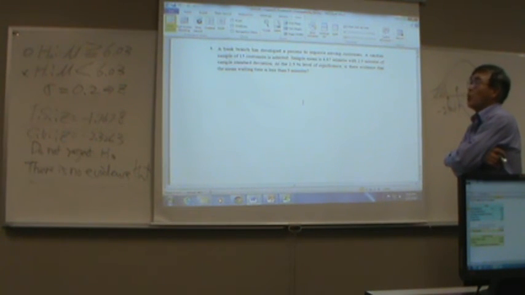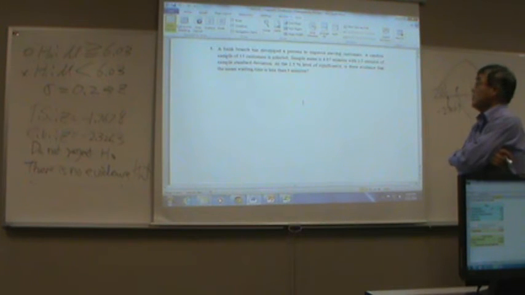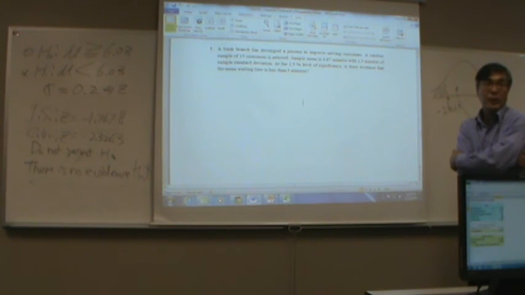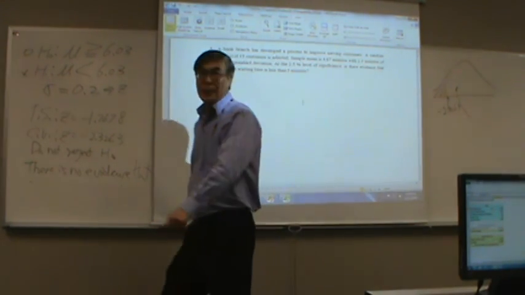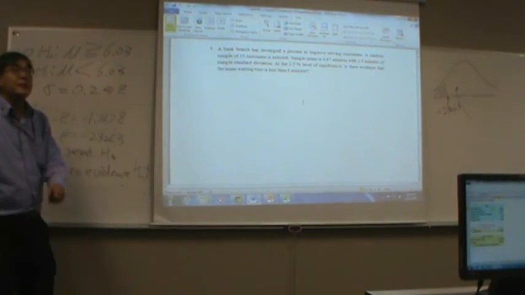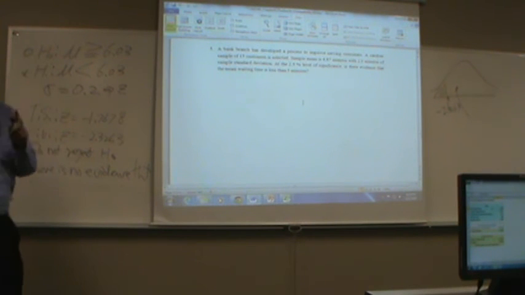The sample mean is 4.87 with 2.5 minutes of sample standard deviation. At the 2.5% level of significance, is there evidence that the mean waiting time is less than 5? One tail, right?